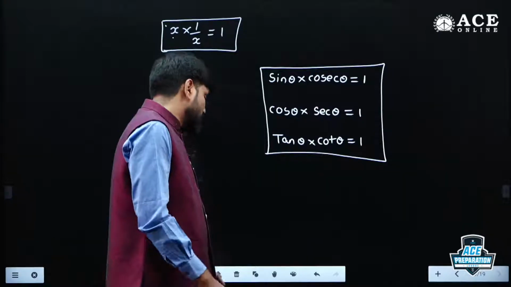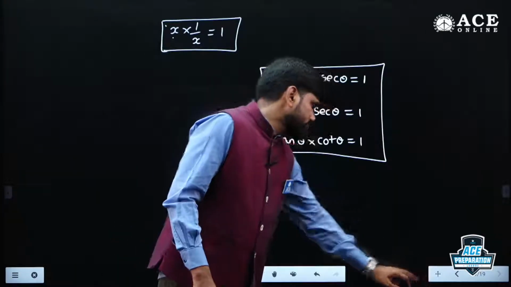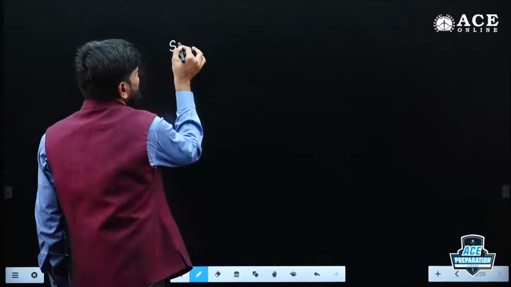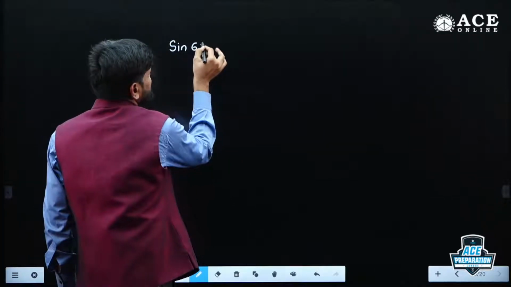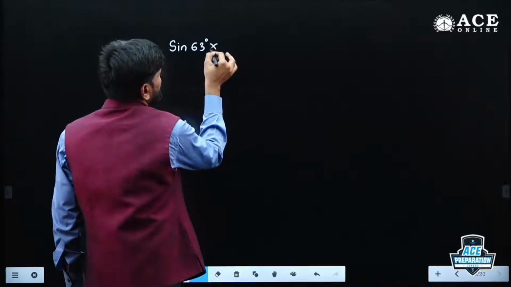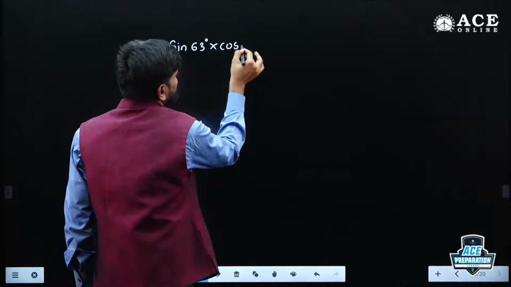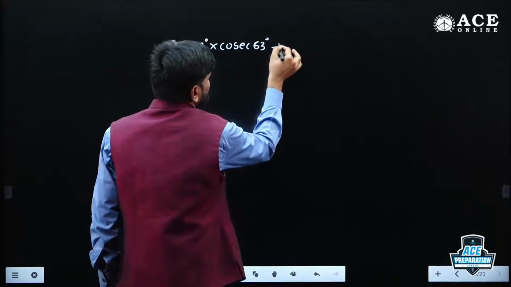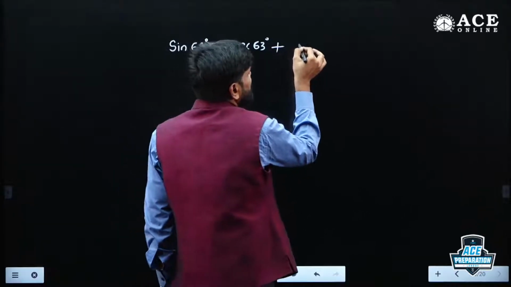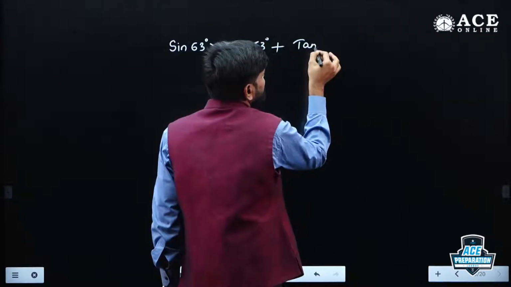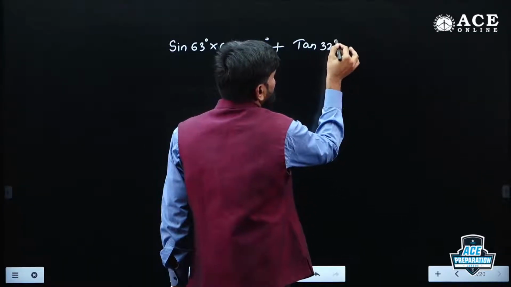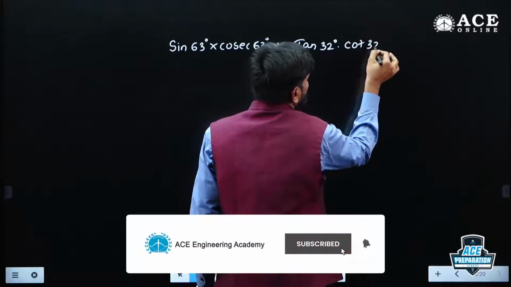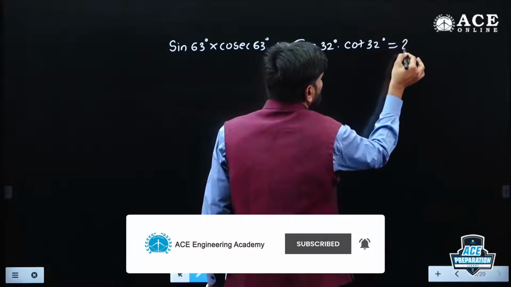Let us see how the problems will come based on this now. So how they give in the exam is, they simply say like this: sin 63 degrees into cosecant 63 degrees plus tan 32 degrees into cot 32 degrees is equal to how much?